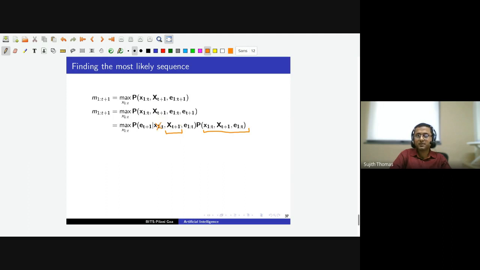So we can simply get rid of these two values. So in the next step, we have simply got rid of those two values. And when we remove these two things, the conditional probability that we get does not contain x1 to t anymore. So since it does not contain x1 to t, we can bring it outside the maximization because we are maximizing over sequences of x1 to xt.